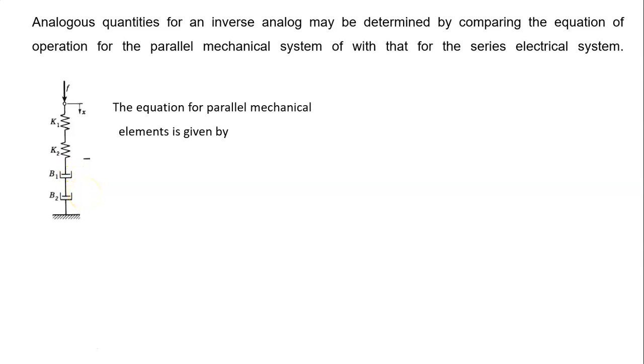Therefore the equation for parallel mechanical elements is given by X is equal to F, taking F common, into 1 upon K plus 1 upon BD plus 1 upon MD square.